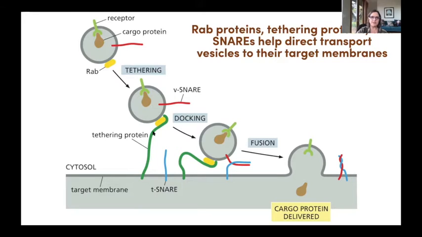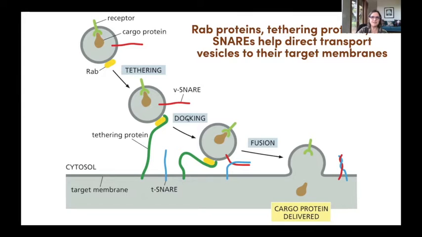So these vesicles have surface proteins that are, again, small GTPases, and those serve as a code for docking on specific compartments within the cell through tethering proteins. So this is the recognition system. The tethering protein recognizes a specific Rab GTPase on the surface of a specific class of vesicles.